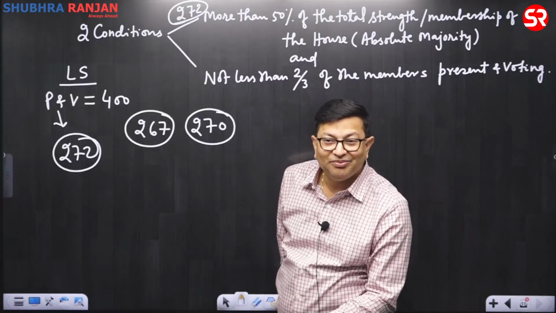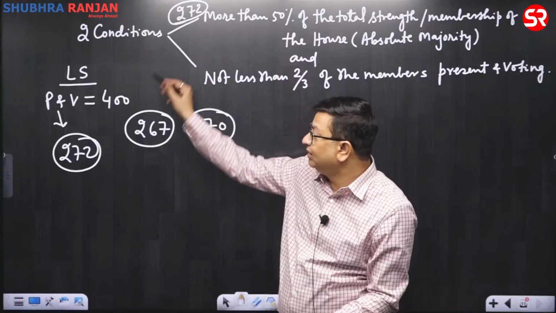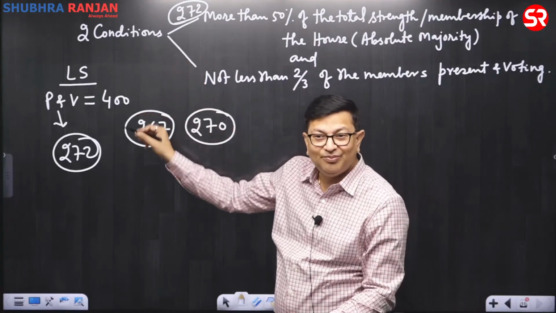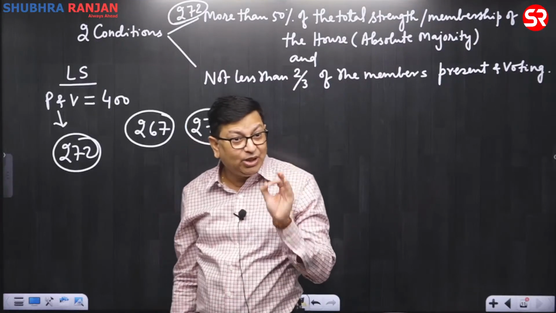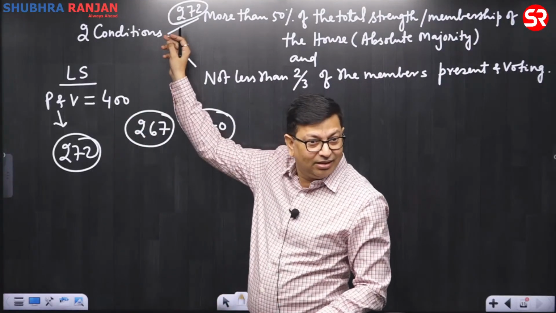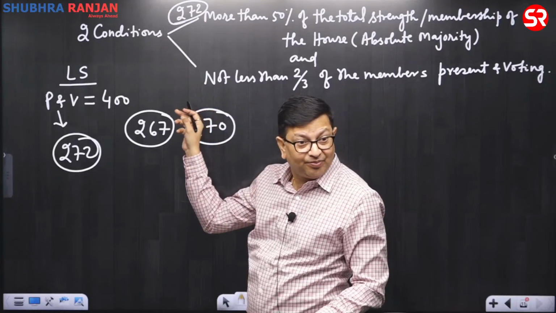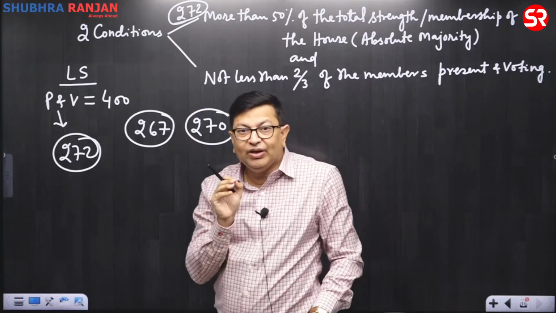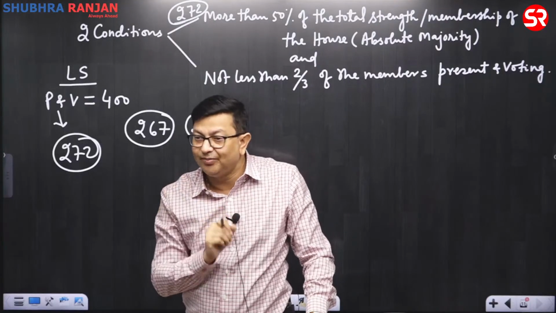All of them. Then only both the conditions will be fulfilled. So it is a tough majority. Minimum you need to have this number, that is the absolute majority, plus this number also. So, where this majority is required, obviously it will be required for some tough work. So, this majority is required, you can write it.